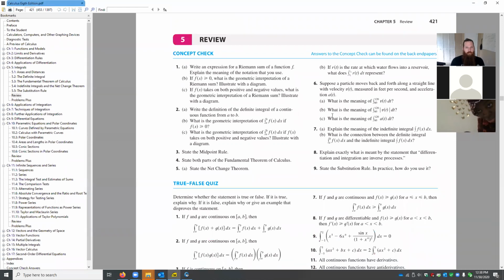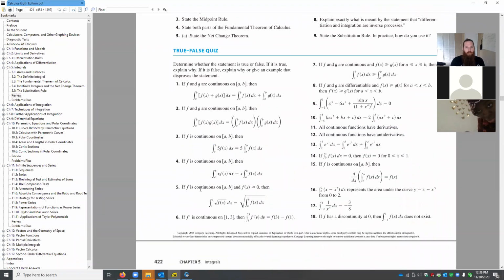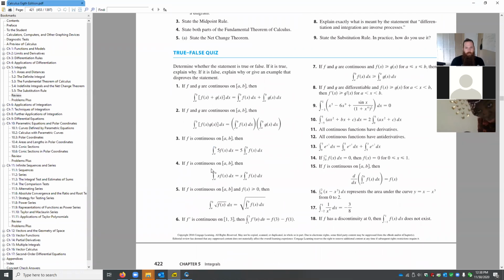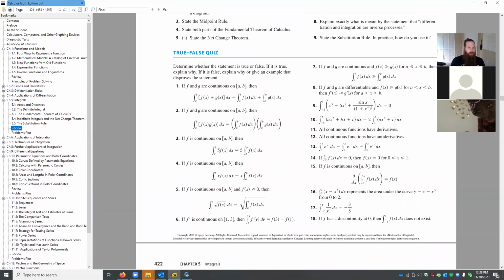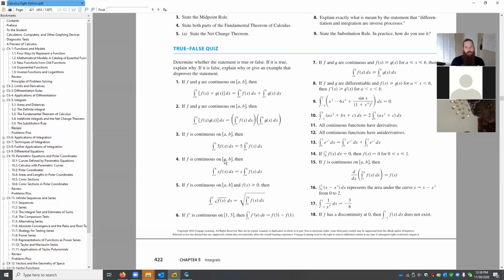You may notice there is a correlation between the true, false, and multiple choice type problems you'll find here and the true, false, multiple choice type problems in my midterms. So in preparation for the final, I would go back and look at chapters 1 through 5 and make sure you can do these review problems.